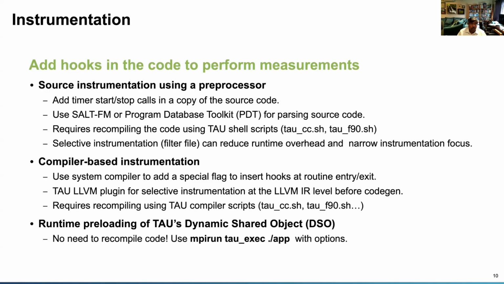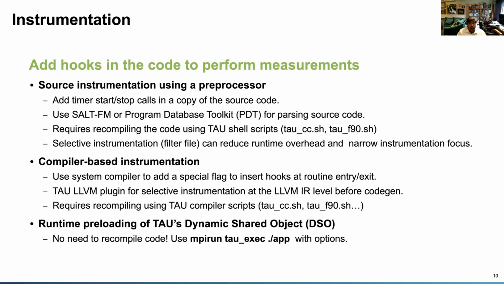An event such as the amount of memory used by the program or the I/O operation that takes place in the code. Now, to add hooks to your code, we have support for a preprocessor-based source instrumentation using SALT FM or PDT packages, where you replace your compiler scripts with a TAU compiler script, such as tau_cc.sh. And then you can supply it a selective instrumentation file to filter the events based on include and exclude lists.